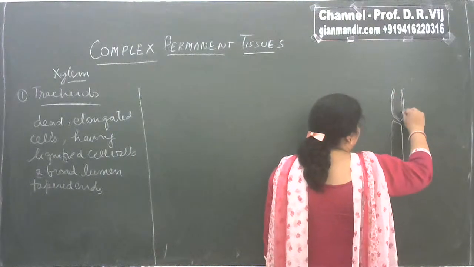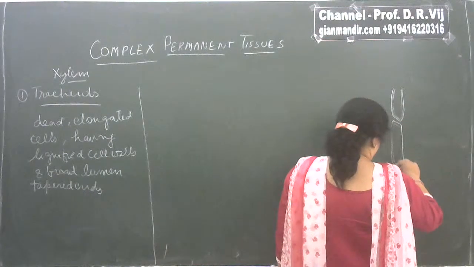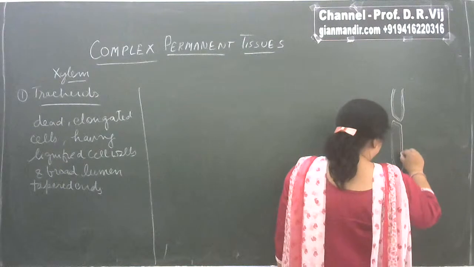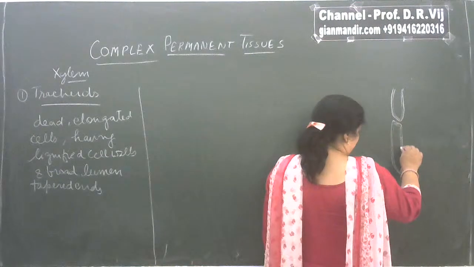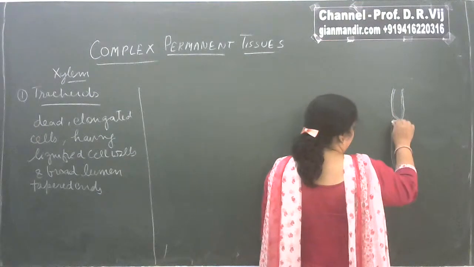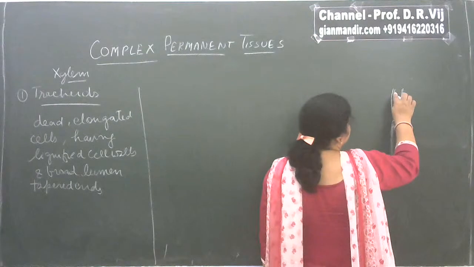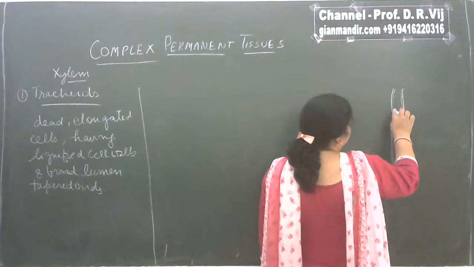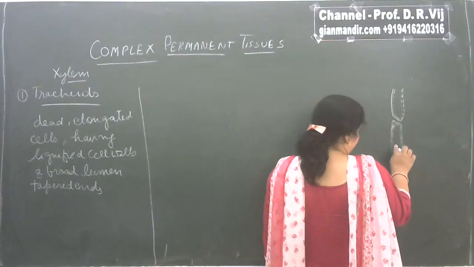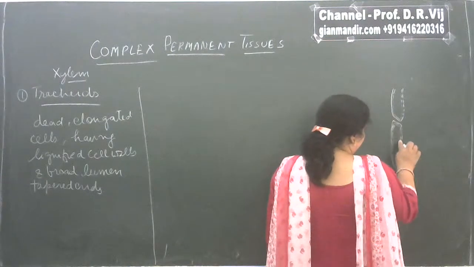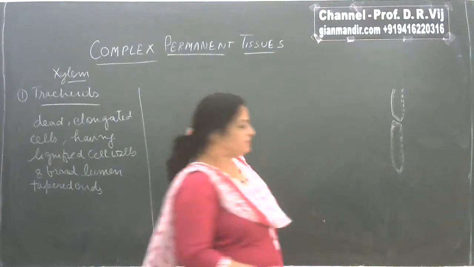And in this cell wall, there are some pits present, right? Although it has deposition of lignin, still the cavity is broad, or you can say the lumen is broad, and having internal pits. So that is how the xylem tracheids look.